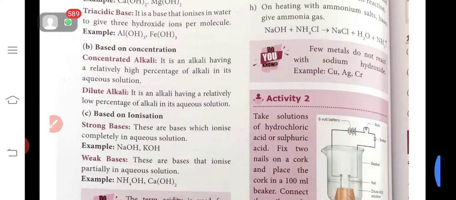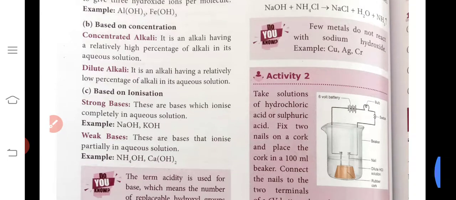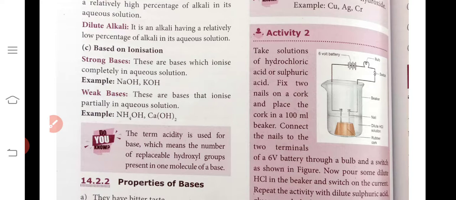Based on concentration, there are concentrated alkali and dilute alkali. A concentrated alkali has a relatively high percentage of alkali in the aqueous solution. Bases are dissolved in water to form alkali solutions. Concentrated means more concentrated, and dilute means less concentrated. Based on ionization, there are strong bases and weak bases.